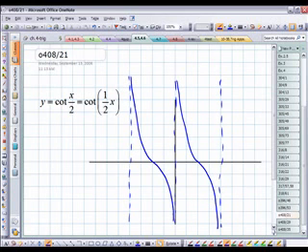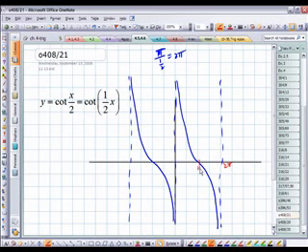About like that. Normally this would be over at pi, but we take our period of cotangent, pi, and divide it by 1/2, and we end up getting 2 pi. So everything is stretched out to 2 pi. That means this will be at 2 pi.